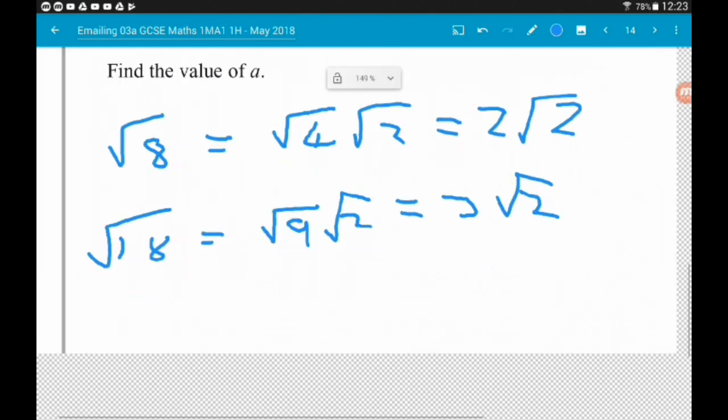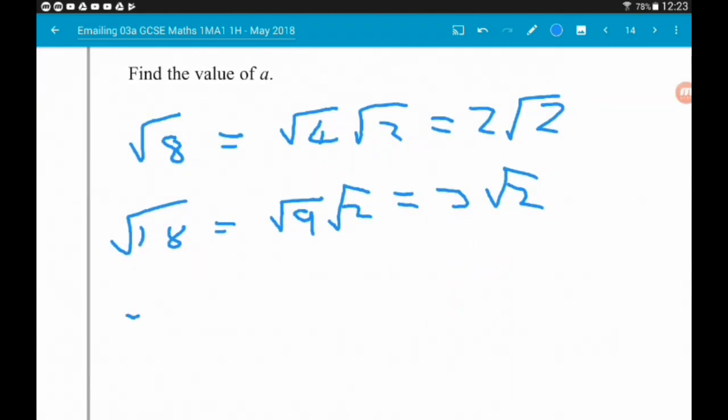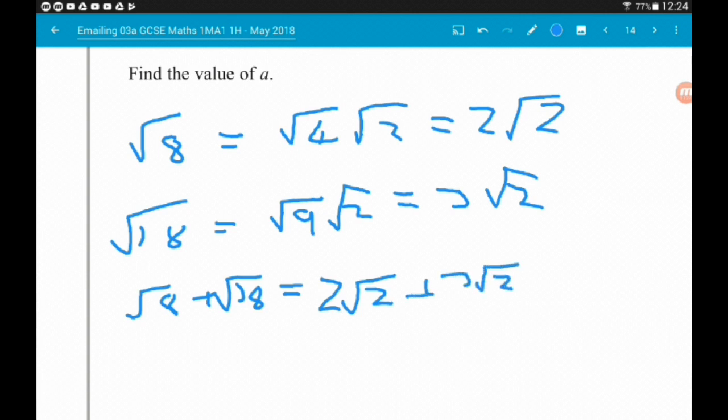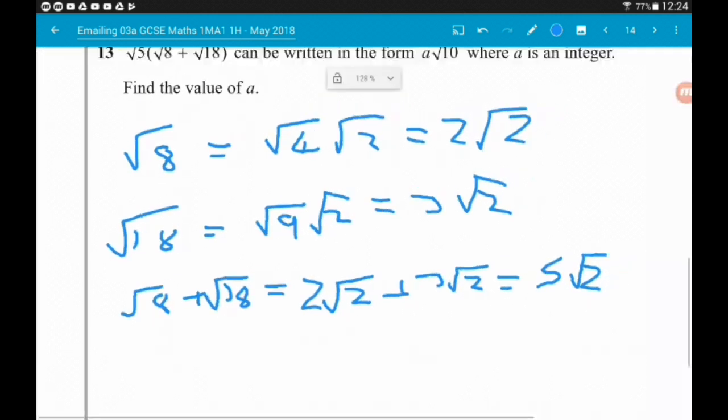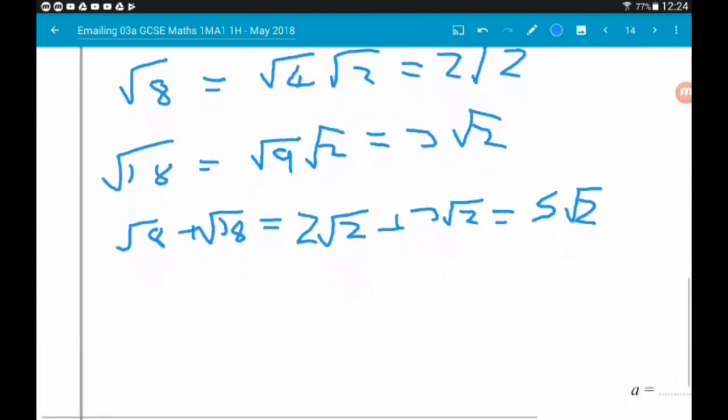So, inside the brackets, root 8 add root 18 is 2 root 2, add 3 root 2, which is 5 root 2. So, that's what we've got inside the brackets.